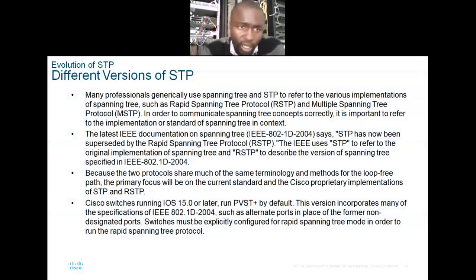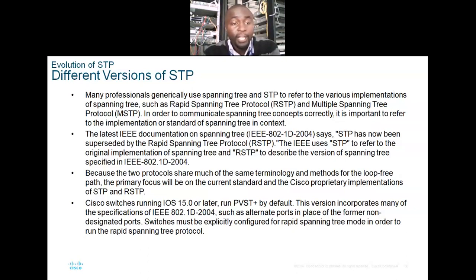Many professionals generally use spanning tree and STP to refer to various implementations of spanning trees, such as rapid spanning tree and multiple spanning tree protocols. In order to communicate spanning tree concepts correctly, it is important to refer to the implementation or standard of spanning tree in context.